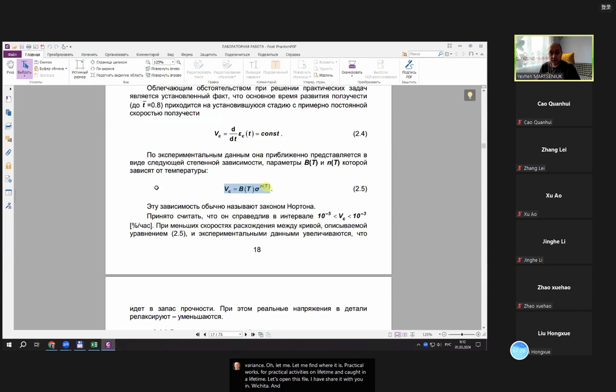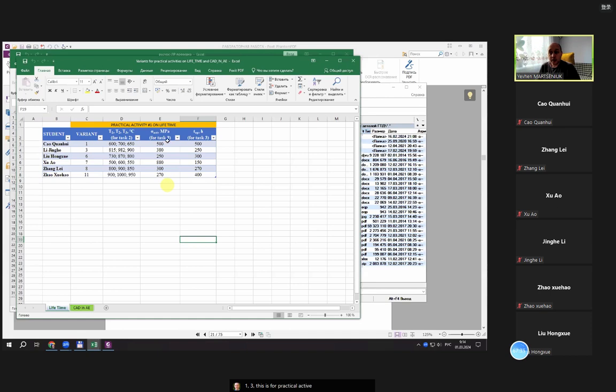And lifetime, variance 1, 3, this is for practical activity number 1. Here, I will add practical activity number 2, and the variance that I will give you will be from this table.